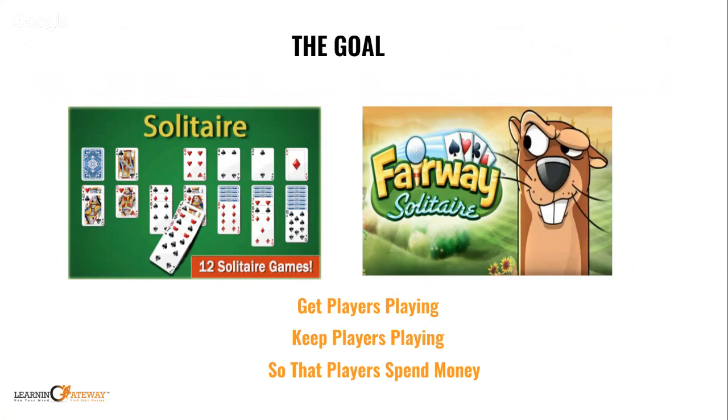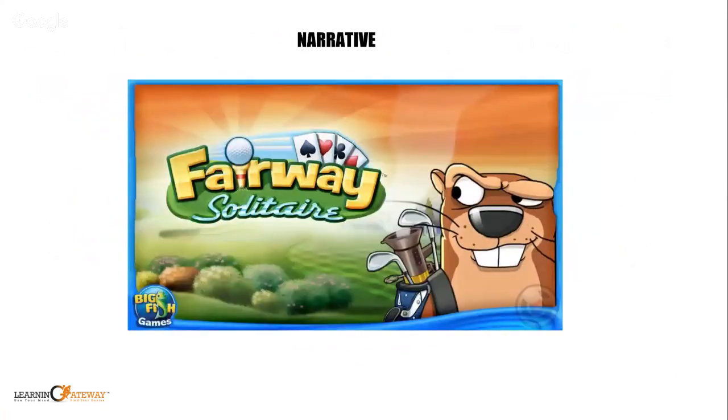So we're going to use this game, Fairway Solitaire, to show how narrative is used to take what was a very static game from our youth, very boring, a game that you don't even need a computer to play, and that was put onto the computer and became something that people played a lot. If you have a deck of cards, you can play it. But then how were they able to take this basic game and turn it into something where you could actually get people to give you money?